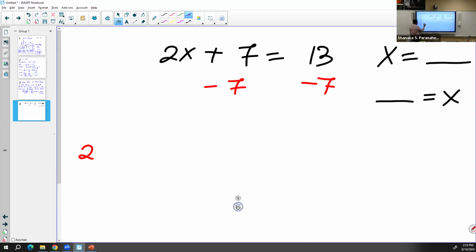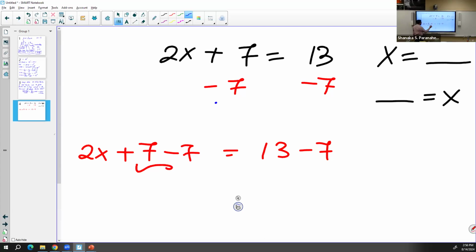We have 2x plus 7, and we added -7, and the other side is going to be 13 subtract 7. So this is same and opposite, so it cancels out because it's 0. Plus 7 minus 7 is 0. Now we have 2x equal to 13 minus 7, which is 6.